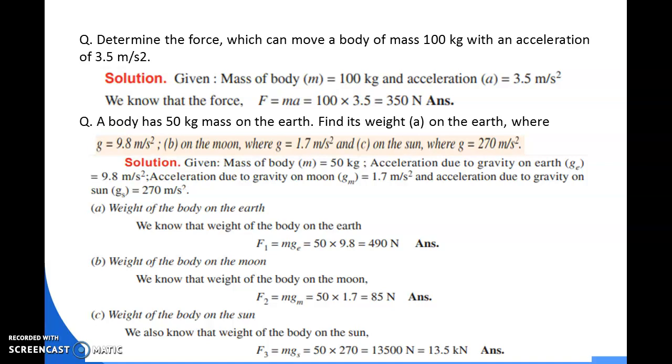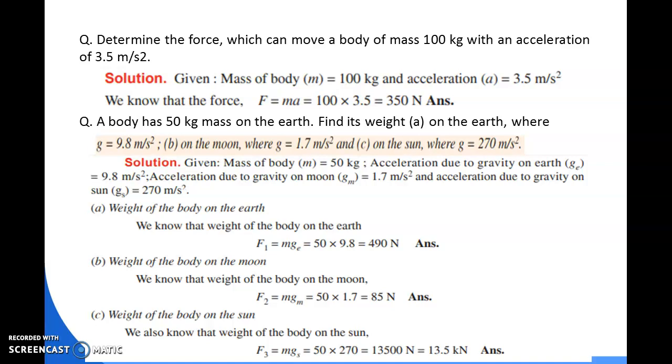Then for part (b), we have to find out the weight of the body on the moon. For this case, we multiply the mass of the body, 50, with the acceleration due to gravity on the moon, 1.7. Hence, the weight of the body on the moon is 85 Newton.